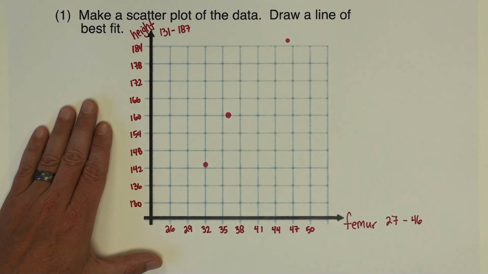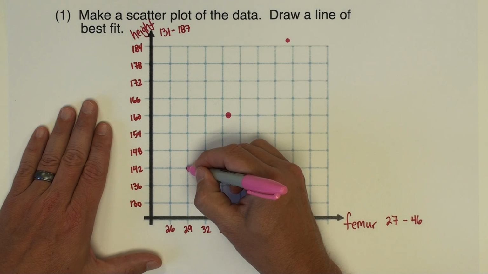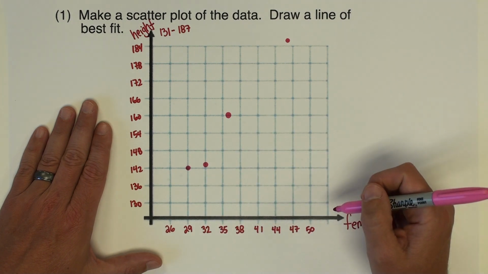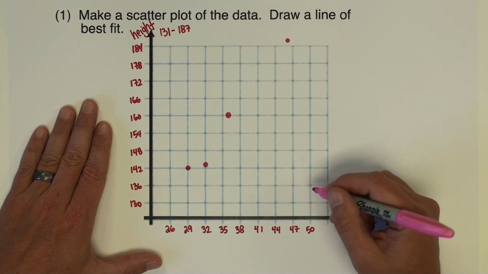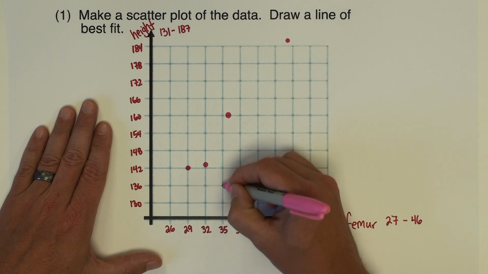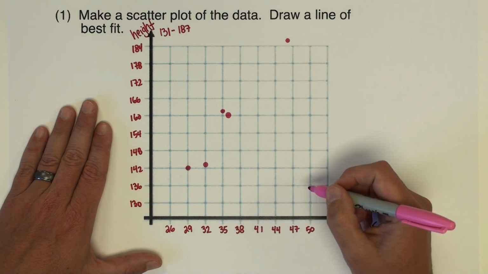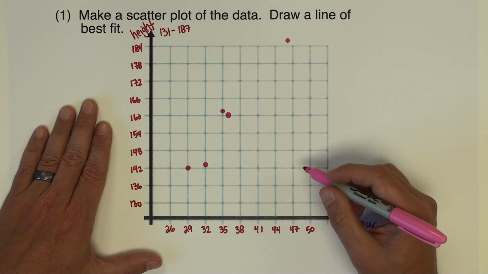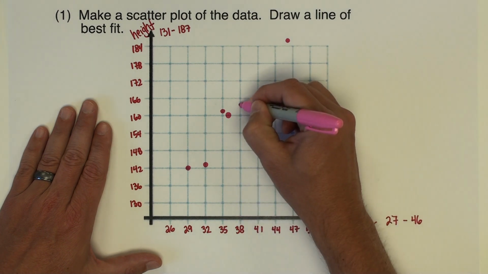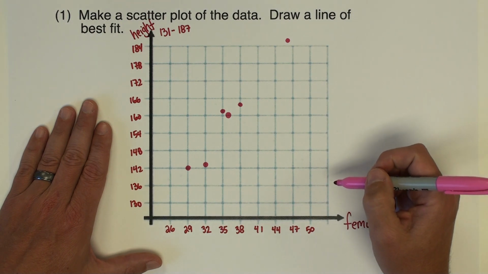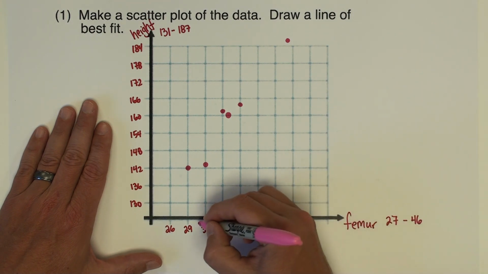Next we've got 29, 142. Next, 35, 161. Next one, we've got 38, 164. Next, 30, 140.